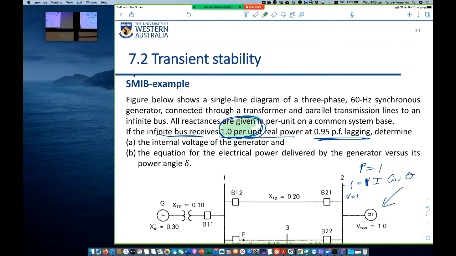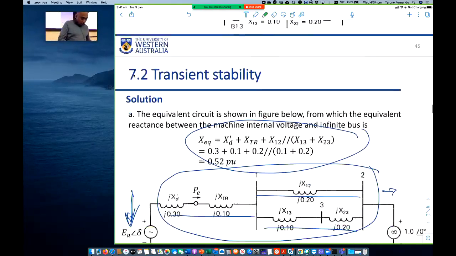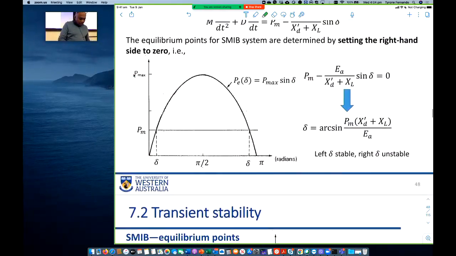Where is it coming from? The mechanical power. The mechanical power has to be that as well, because energy is conserved. That active power of 1 per unit that the generator is providing is coming from the turbine, as mechanical power. Otherwise, how are we generating this electrical power? So the mechanical power is 1. This is 1, constant.